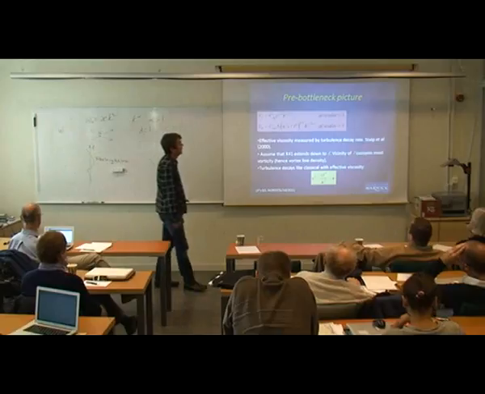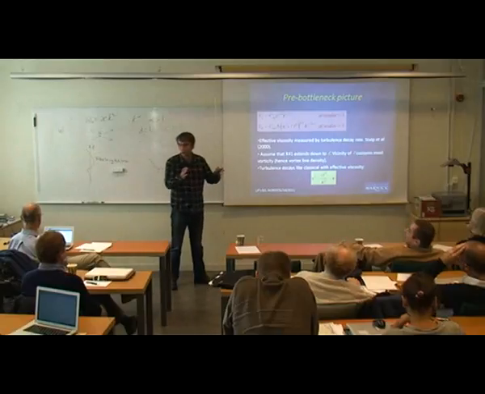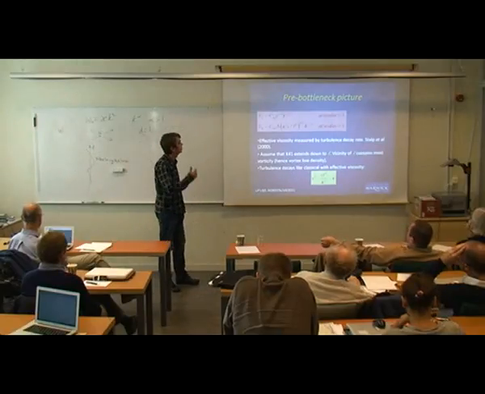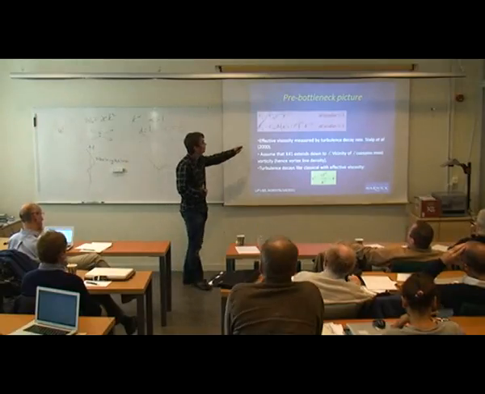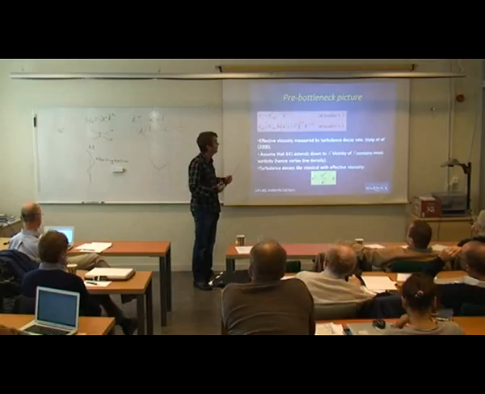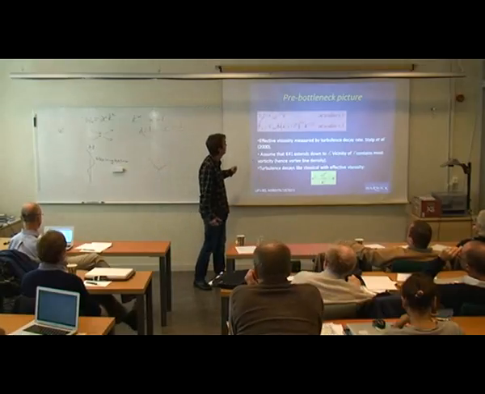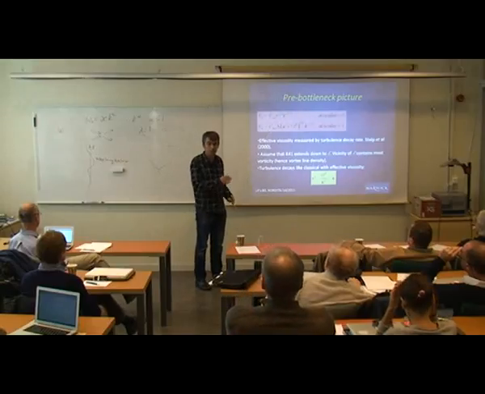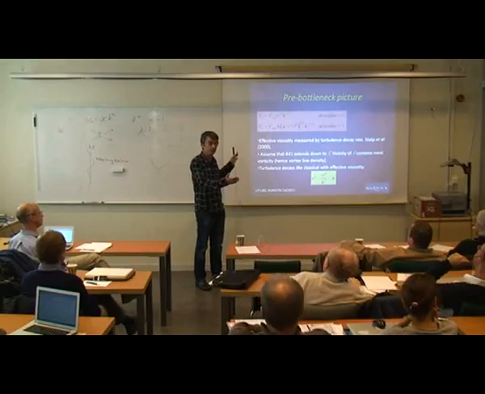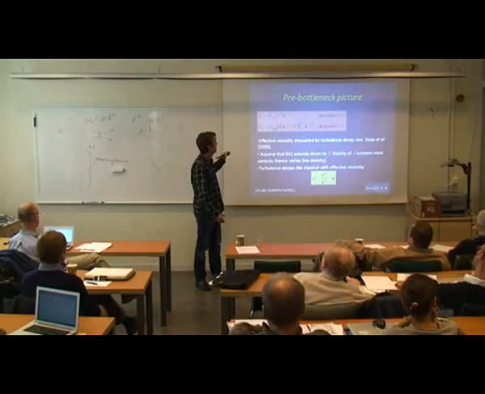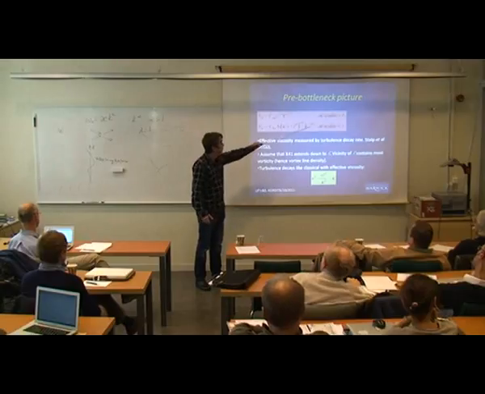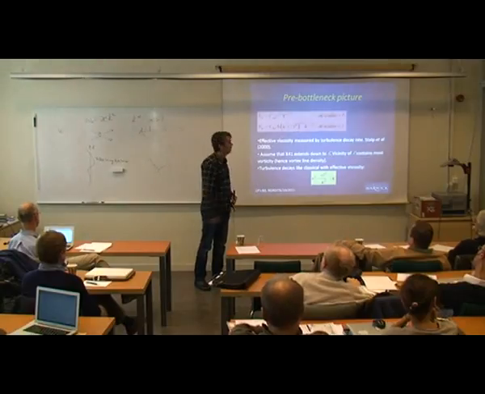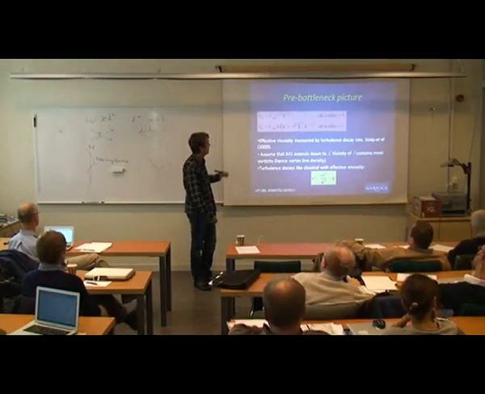So now, if you try to put together all these ingredients, what people did is the following. You have the Kolmogorov -5/3 hydrodynamic spectrum at large scales, at low wave numbers, and then you have the minus 7/5 spectrum there.